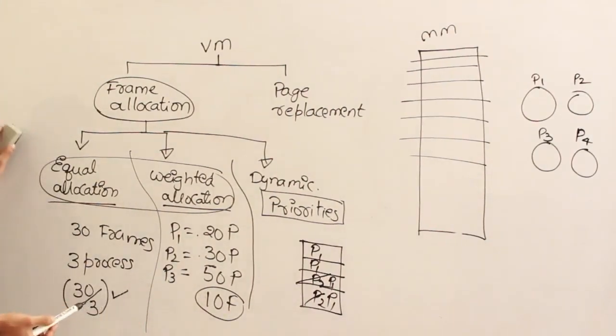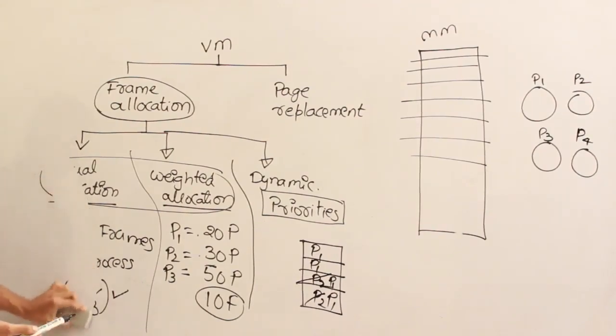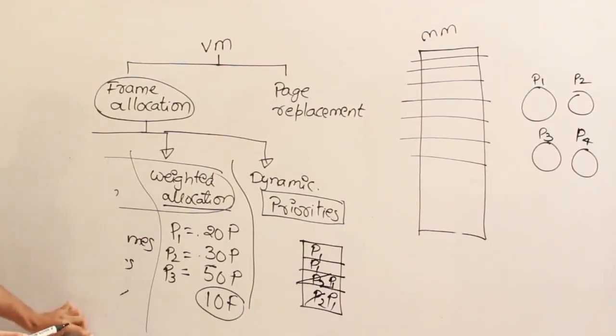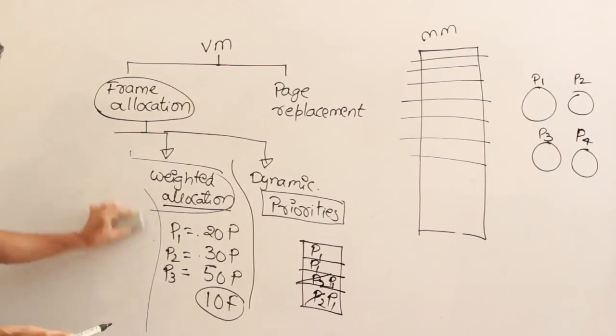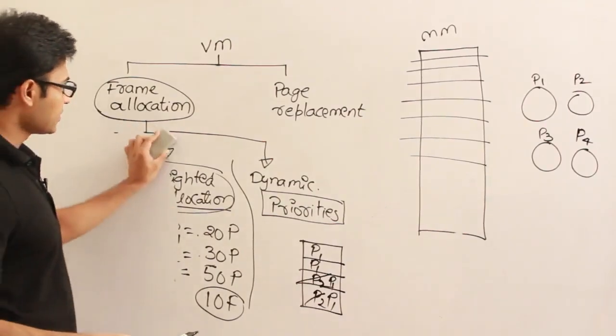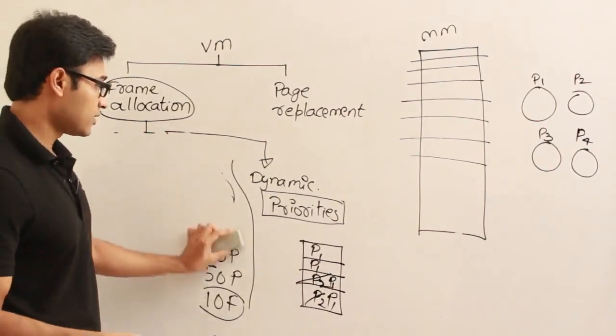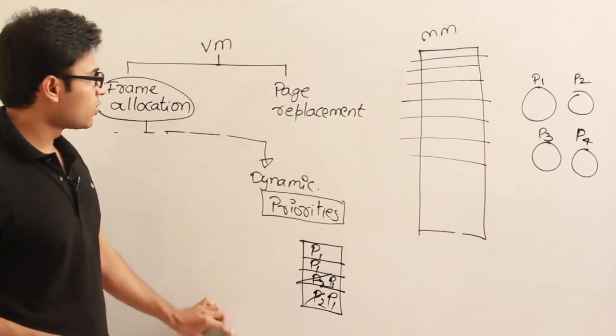And then page replacement algorithms. Once we decide the number of frames to be allocated to each process, and allocate those many frames, sometimes a process will use up all the frames allocated to it, and it might need to load a new page.